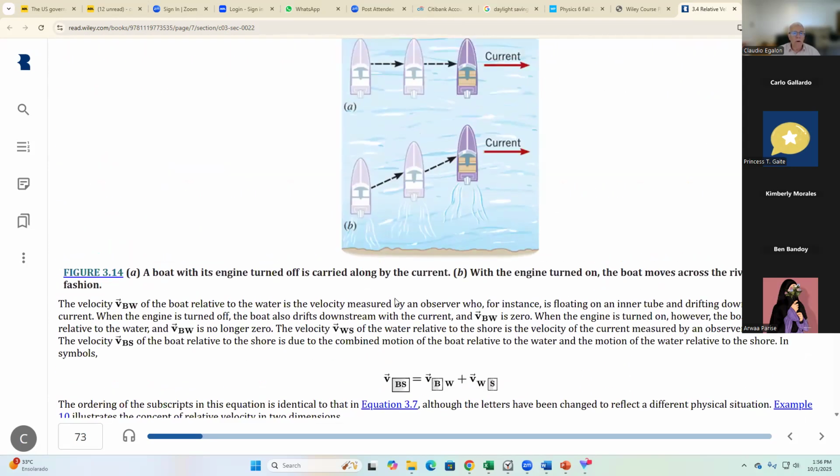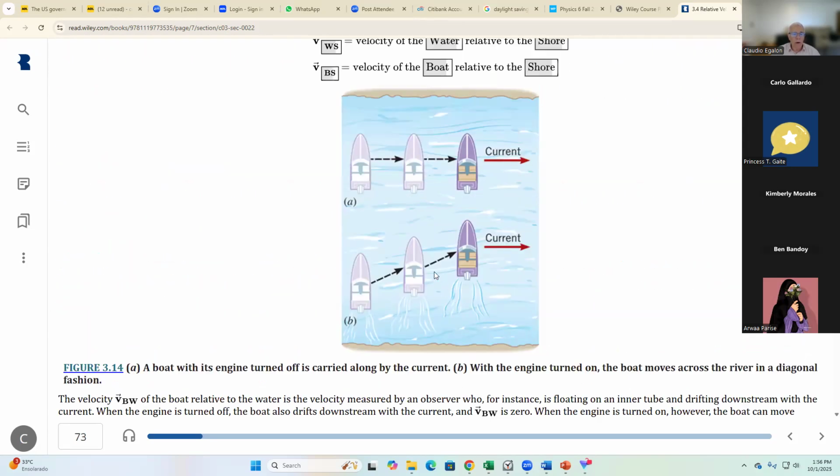You have to counter the current by pointing the boat a little bit to the left. You have to have the proper angle, right? That depends on your velocity. If you do that, you will cross the river to exactly the opposite point of the riverbank.